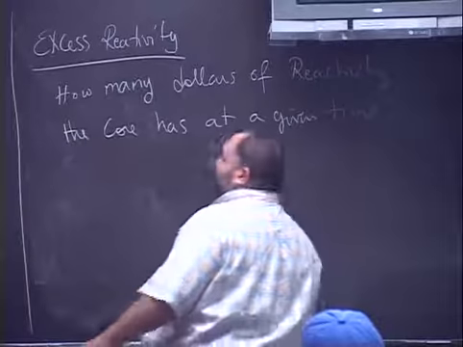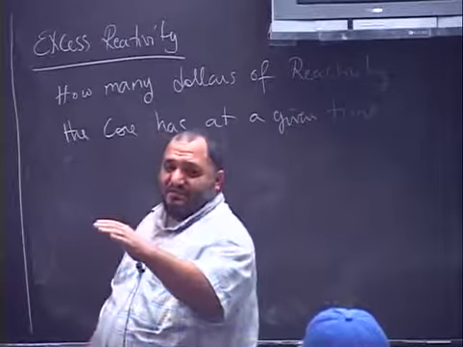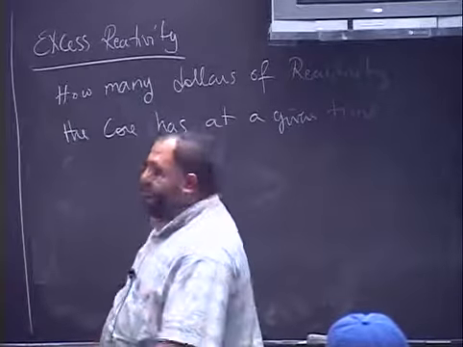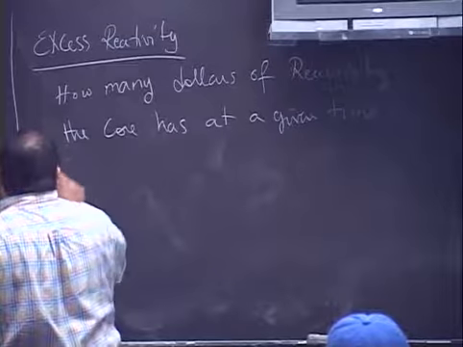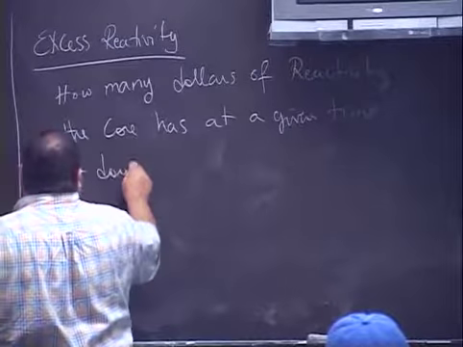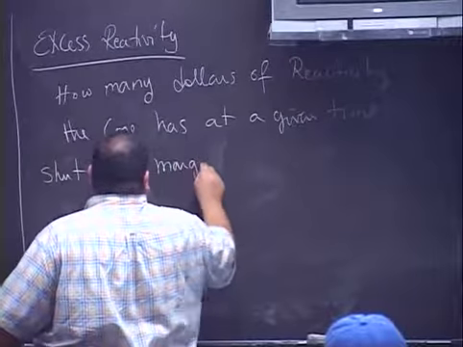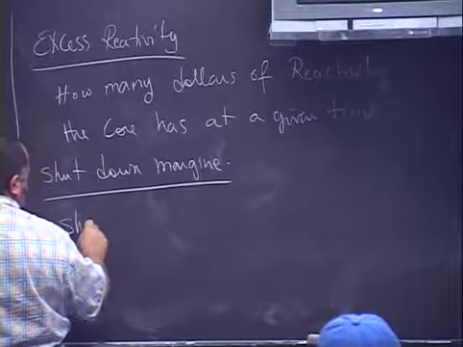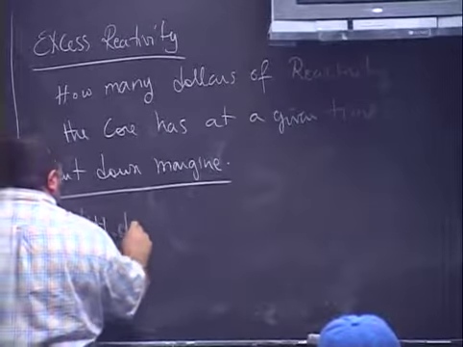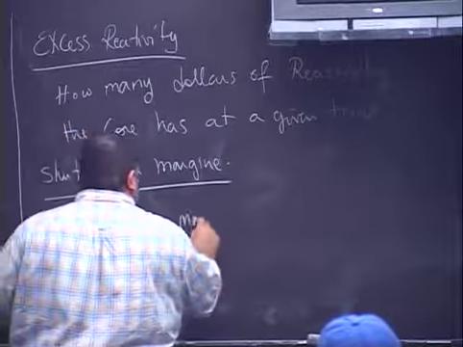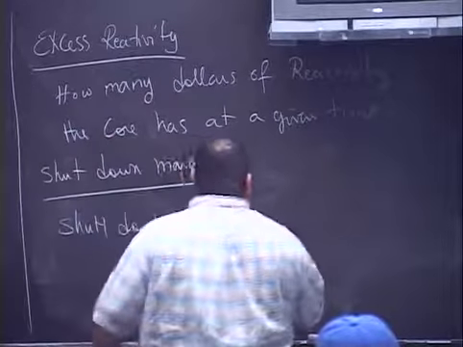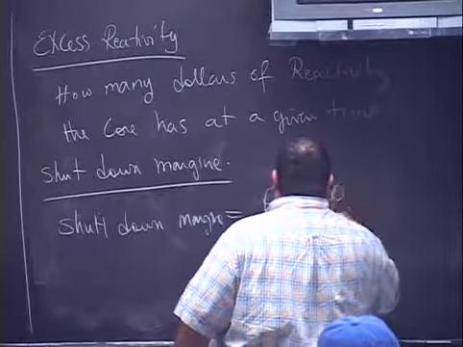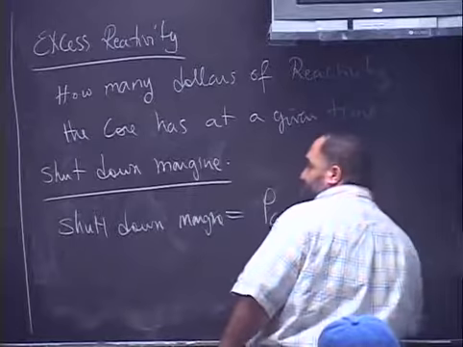Because at initial startup you have excess reactivity of so and so. After a couple of weeks you will decrease it, so this is excess reactivity. Shutdown margin is defined as rho for the control rod minus rho excess for the core.